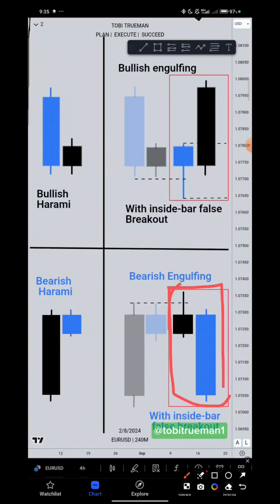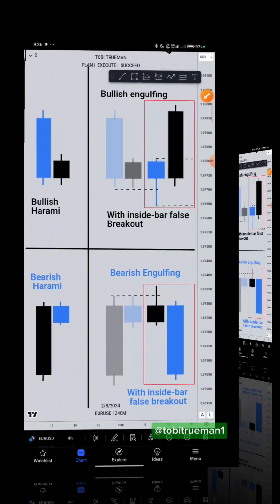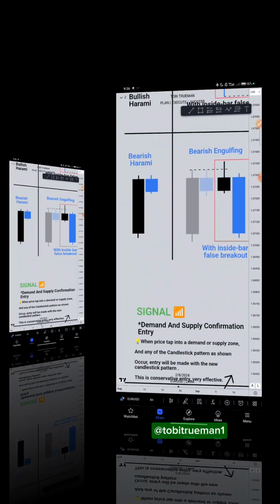This middle candlestick takes out the previous candlestick wick, and then the third candlestick will have a close below the number 2 candlestick, and this is going to be our signal to enter the trade. Now let's go to the signal, how to apply the signal on the main chart.